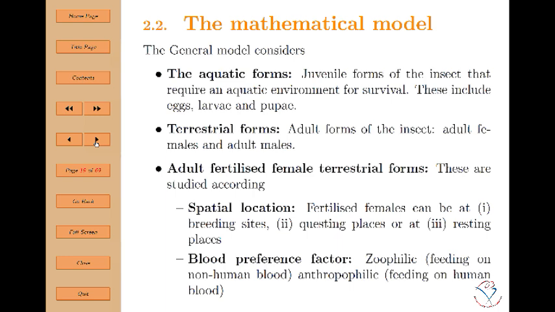The adult fertilized female terrestrial forms are studied according to spatial location. In other words, the vector fertilized females can be either at the breeding site, at the questing place, or at a resting place. I'm going to talk about this more later. And the adult fertilized female can prefer to feed on either a human or a non-human. All of them are warm-blooded.